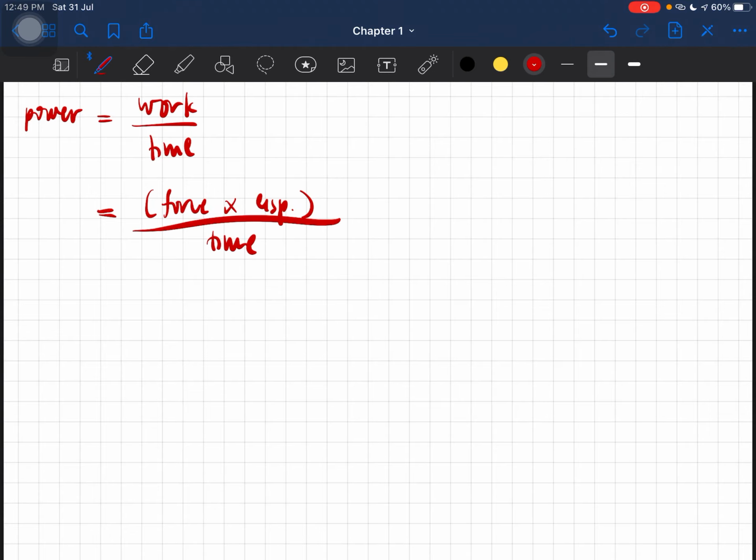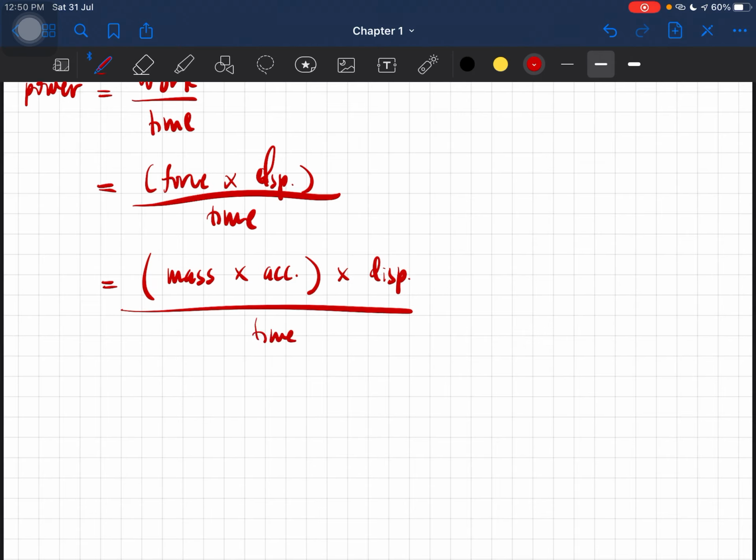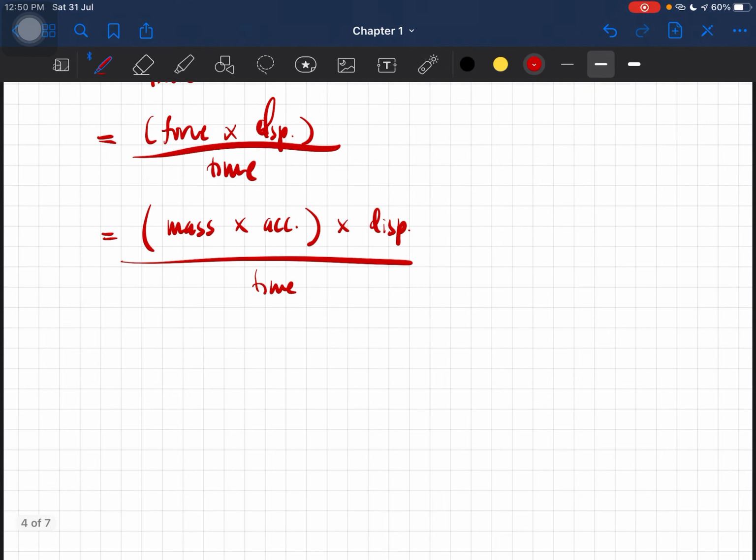Okay, next we know that force is not a basic quantity, so we have to do the same thing again. So force here is mass times acceleration times displacement over the time. Then now acceleration again is not a basic quantity.